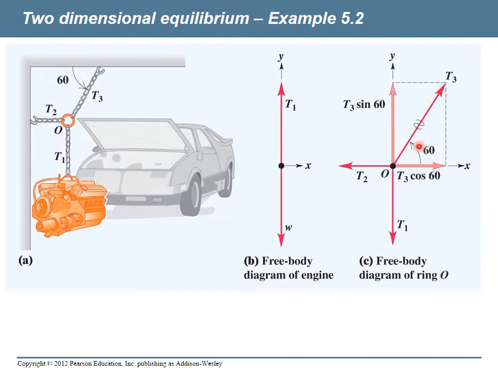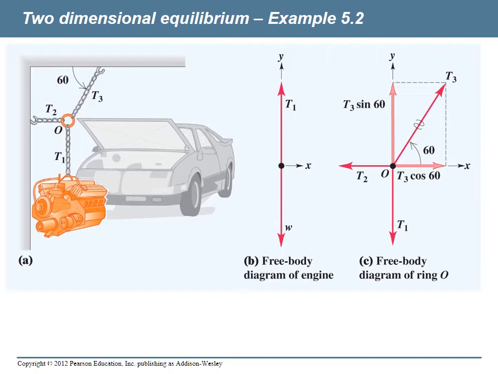Well, it's nice to put these counterclockwise off the x-axis here. If I draw a line here, then that's 60 there. Then this is the opposite interior, so this is 60 degrees as well. Okay, so 60 degrees for tension 3.